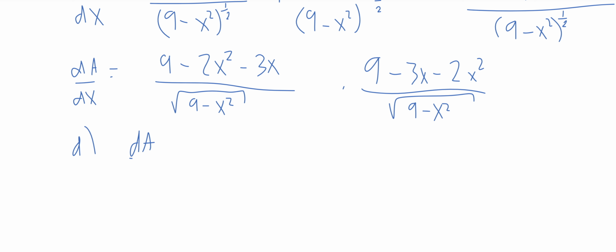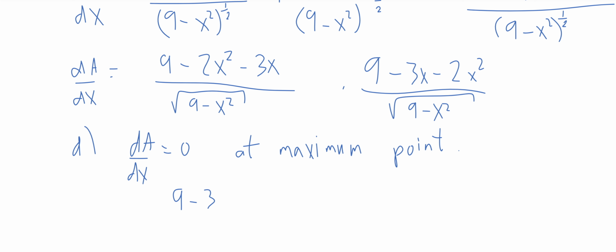Okay, so dA by dx equals 0 at a maximum point. So that means that 9 minus 3x minus 2x squared equals 0.